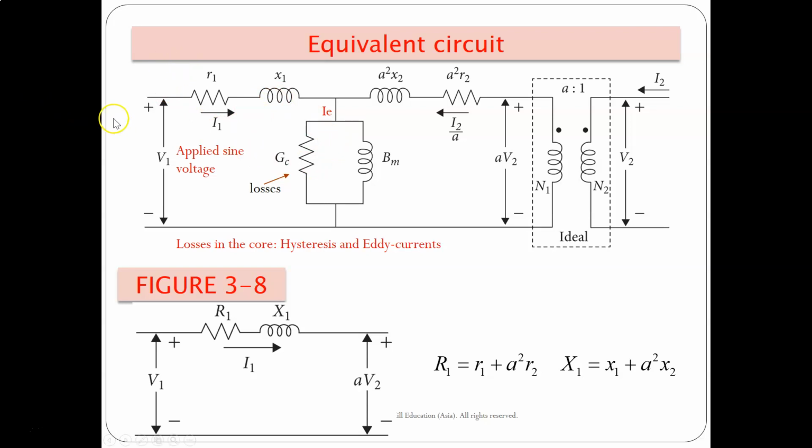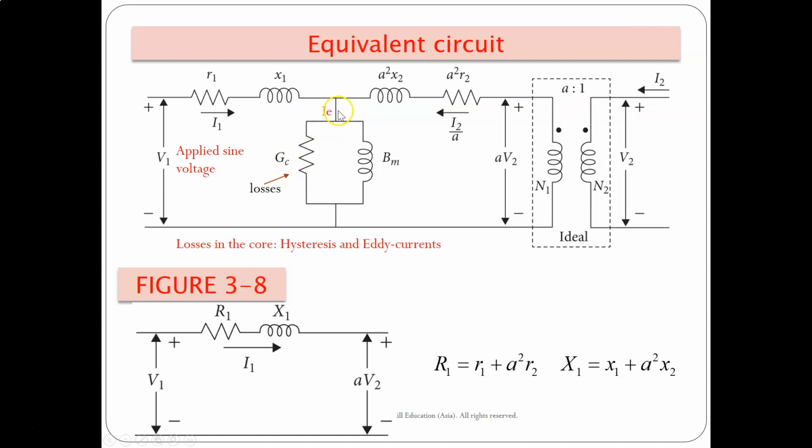If you apply a sine voltage with the secondary side open, we will have a small excitation current. Mostly we go to the magnetization part, represented here by the B, but you also have ohmic losses here.